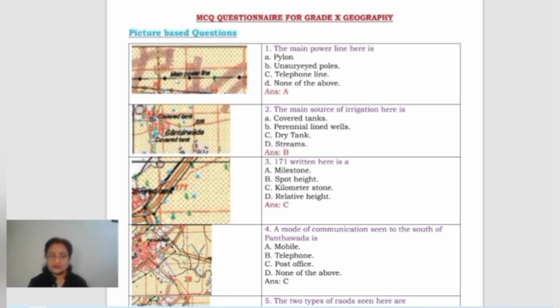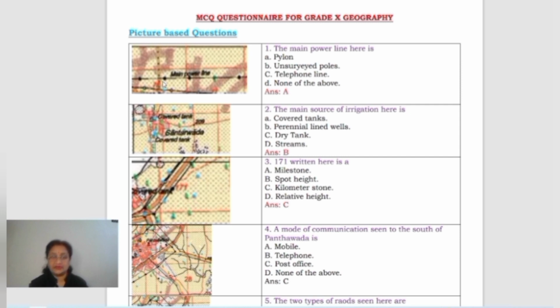The first picture you can see here, which is again from the topo sheet. One symbol is there, and another symbol is there below it. If you remember, we have discussed these symbols in detail in our video related to the conventional symbols. Now see the question. What is the main power line here?